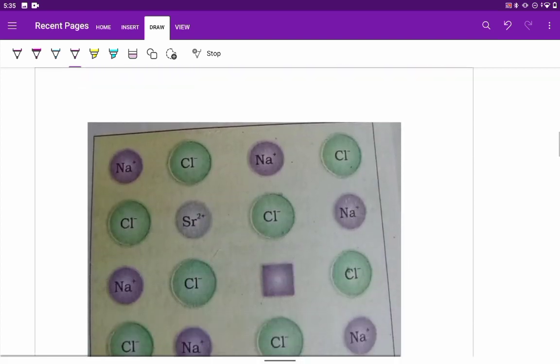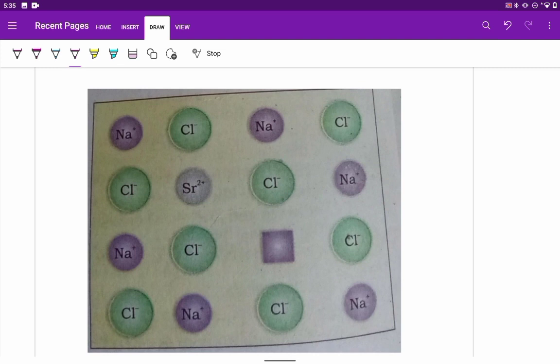Here you see in this figure, this site remains vacant because one strontium ion has replaced sodium. So we find here a vacancy. So this is the introduction of a cation vacancy in NaCl by substitution of Na+ by Sr2+, that is the strontium ion.